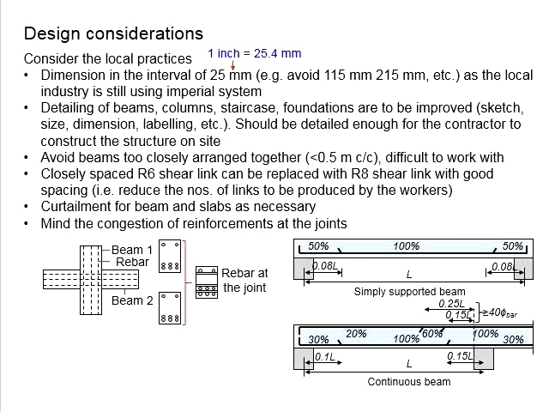So far, we have covered quite a number of practical considerations. You know that the local industries are still heavily dependent on the imperial system. You know that the function of the structural drawing is to make things clear to the contractor without requiring your clarifications. They know how to construct it.